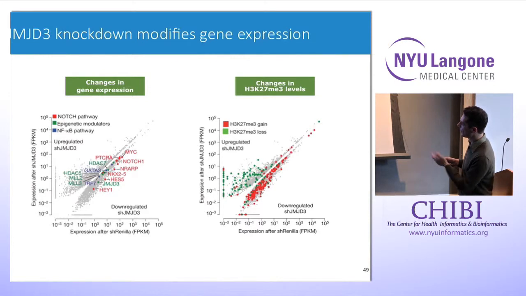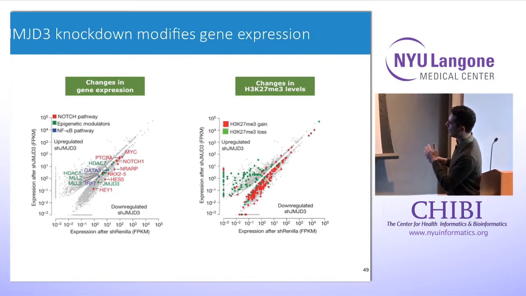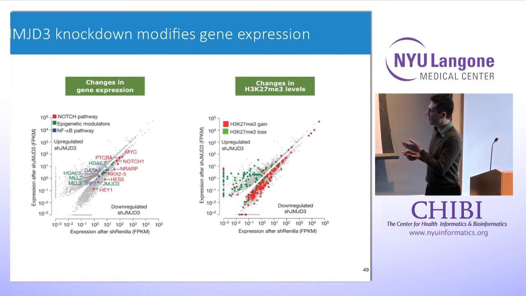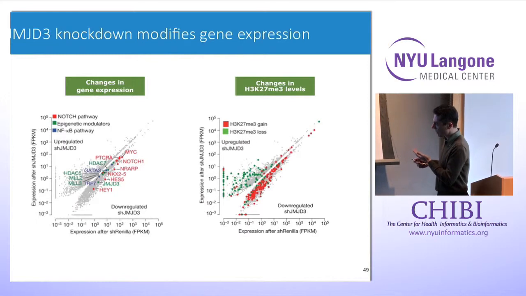You can see that genes that are downregulated show an increase in K27. And as a negative control, you can see in green that some of the genes that go up, maybe apoptotic genes, have the opposite effect, a decrease of K27. So it seems like K27 is playing a role. And remember, we knocked down Jumanji, which is a demethylase.